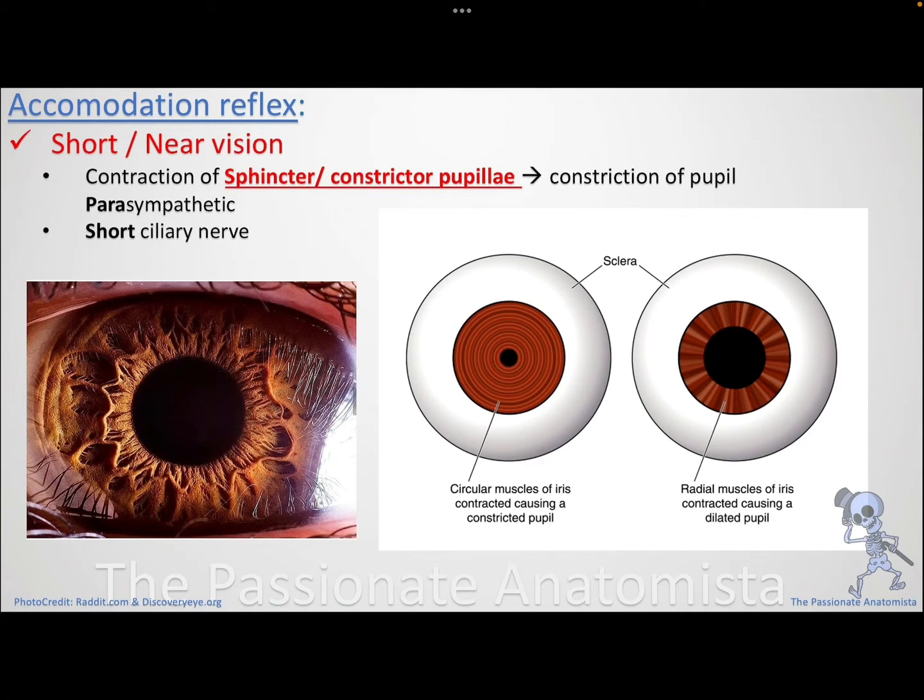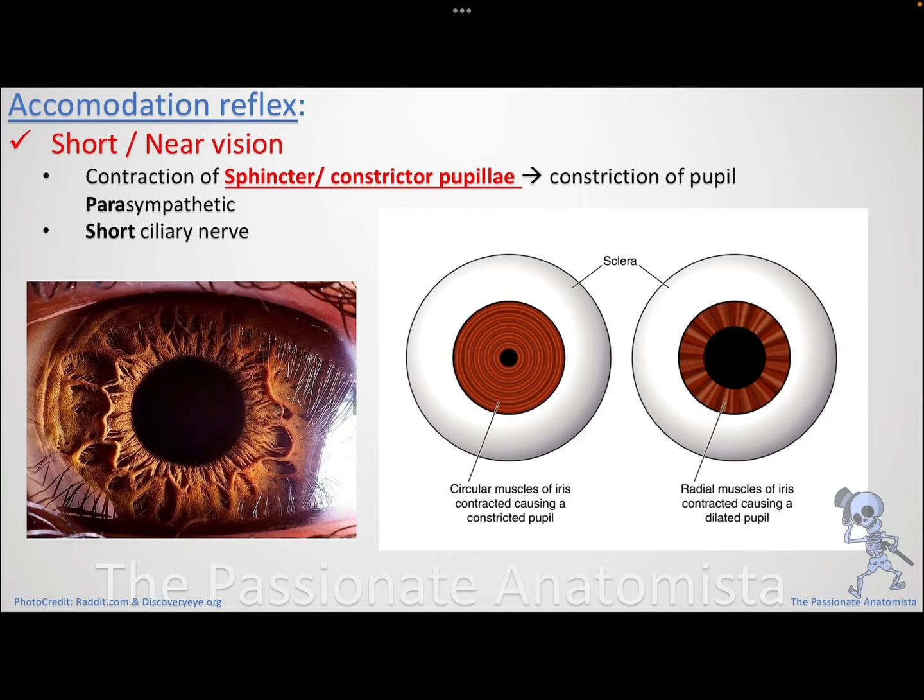You are working on the lens itself by making it puffier through activation of the ciliary muscles, all right? And we are also acting on the iris by activation of the sphincter pupillae, and because they are arranged in a circular manner, if they contract, they will constrict the pupil. However, the dilator pupillae muscles are arranged in a radial manner, so if they contract, they will dilate the pupil.